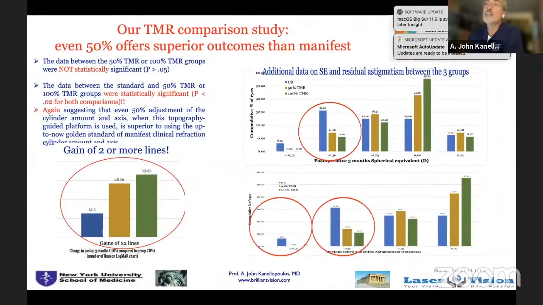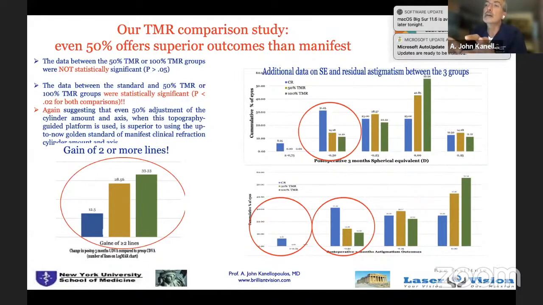We're fortunate to have been assigned an investigator-initiated trial by Alcon to study a 50% TMR versus 100% TMR. And I know the Versatis software, which is also a great innovation in using Contura, is doing this automatically.